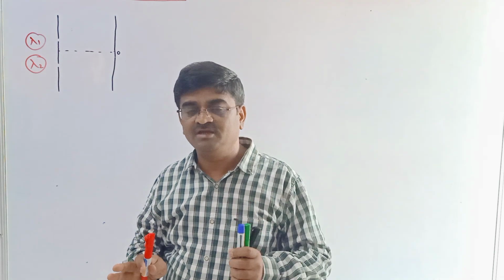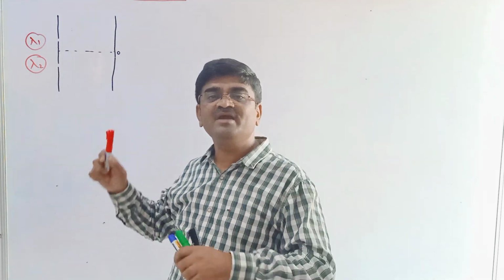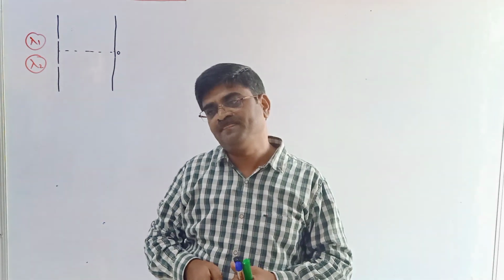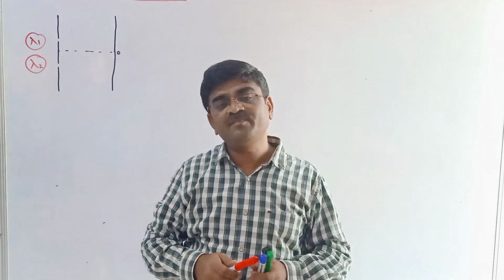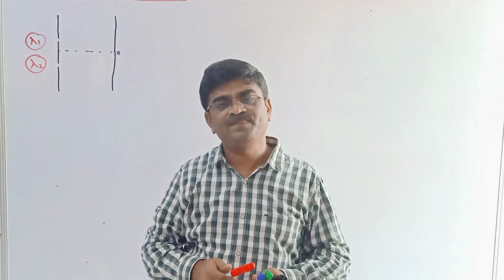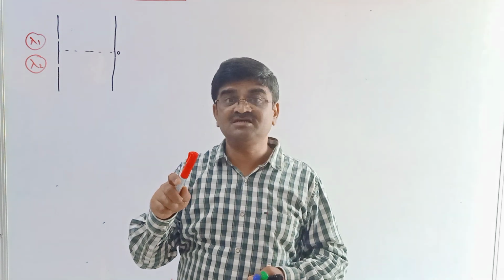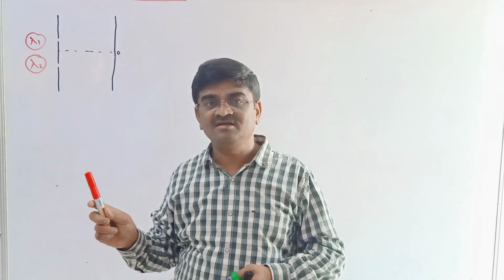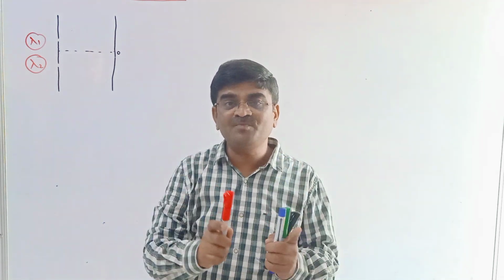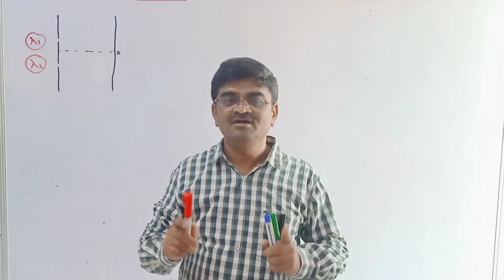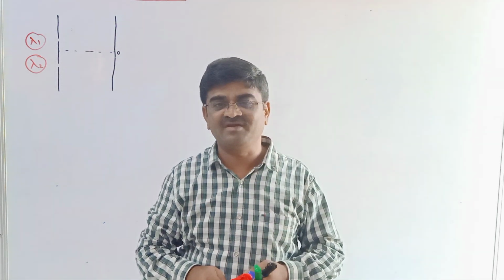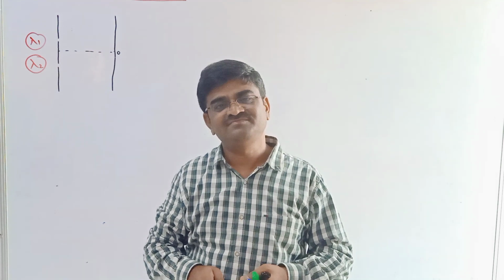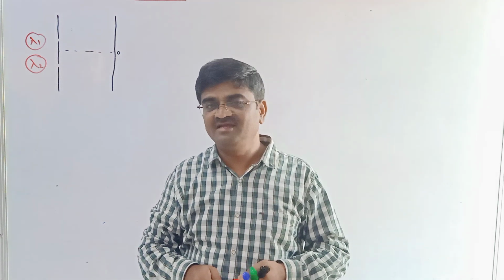I mean, overlapping may happen multiple times. But generally in the competitive exam they'll ask you the least distance from center of screen where the two bright fringes are overlapping, and I'm just about to get that least distance.